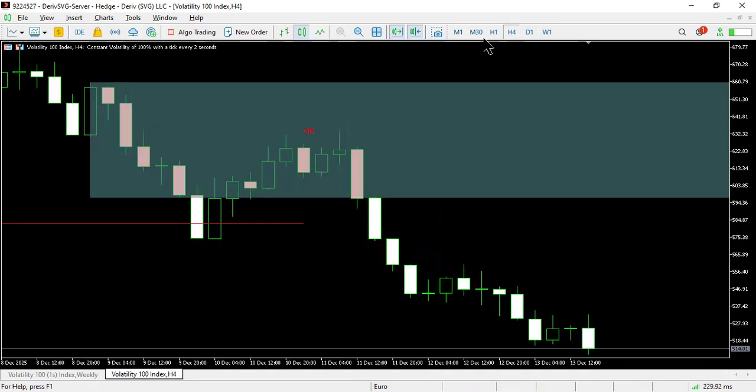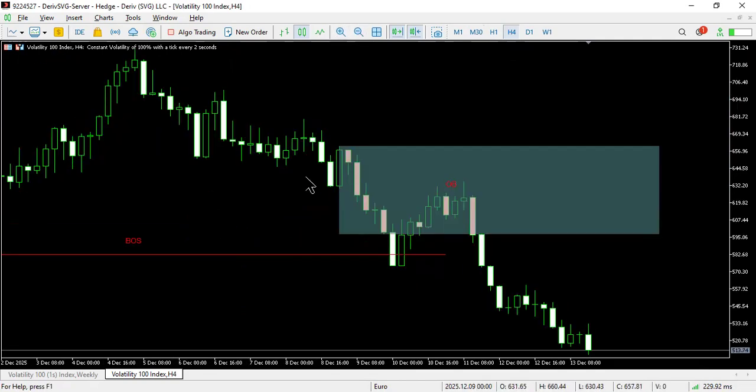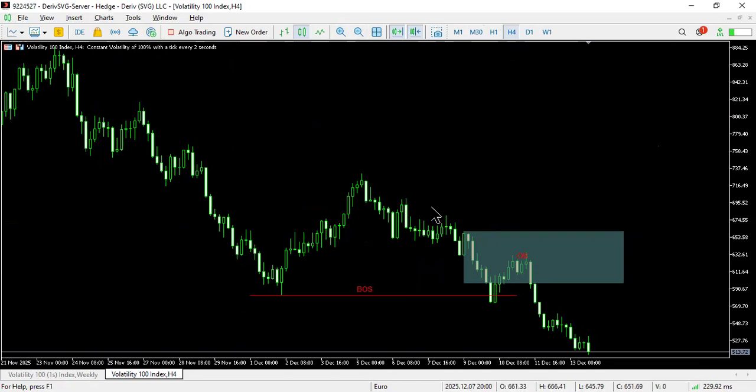If we go to the 4 hours, we can adjust our order block in the break of structure. So from the 4 hours, that is the most recent break of structure.